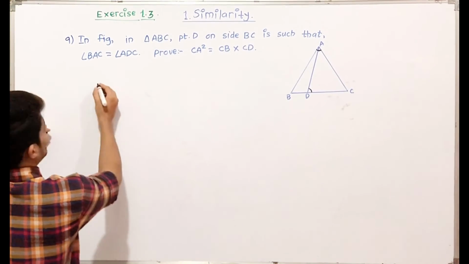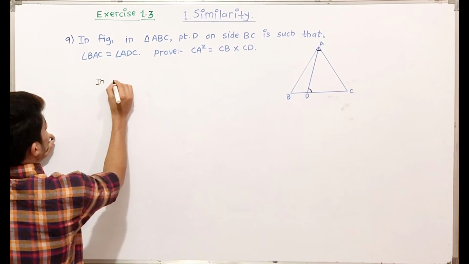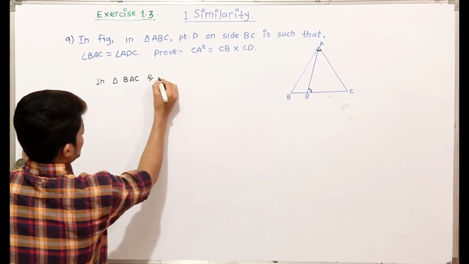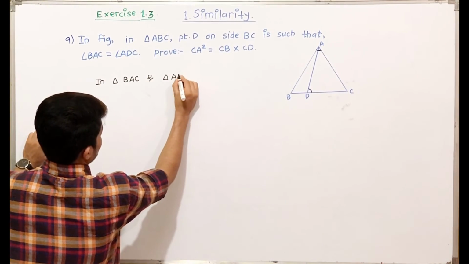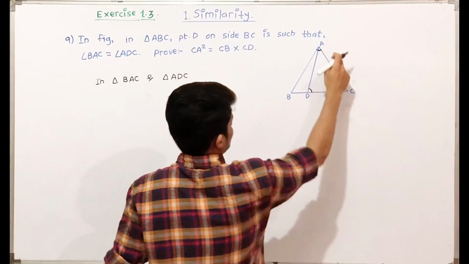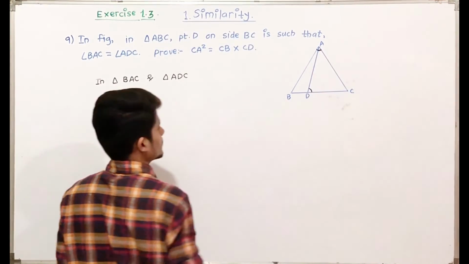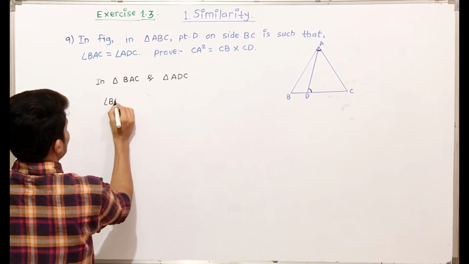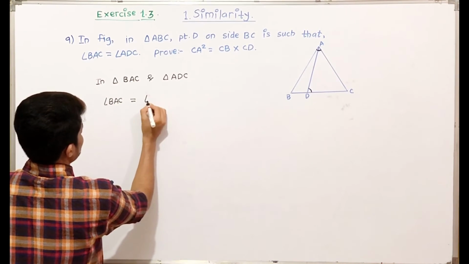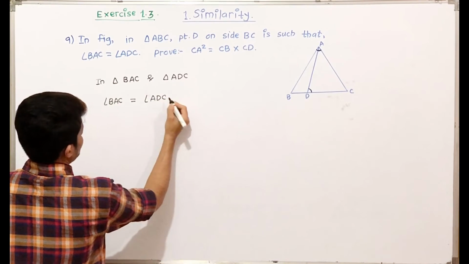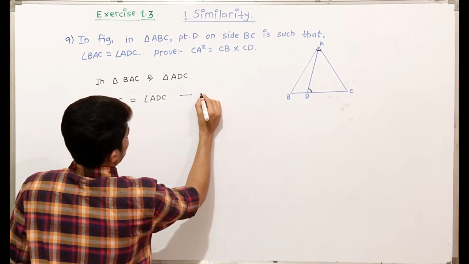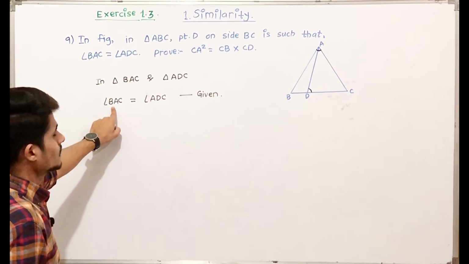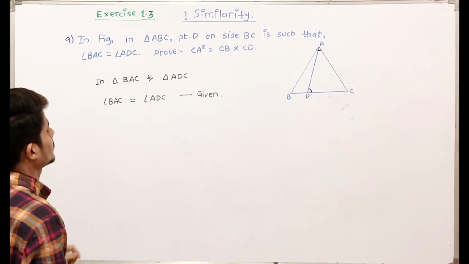So in triangle BAC and triangle ADC, we have angles equal, that is angle BAC is equal to angle ADC, given.